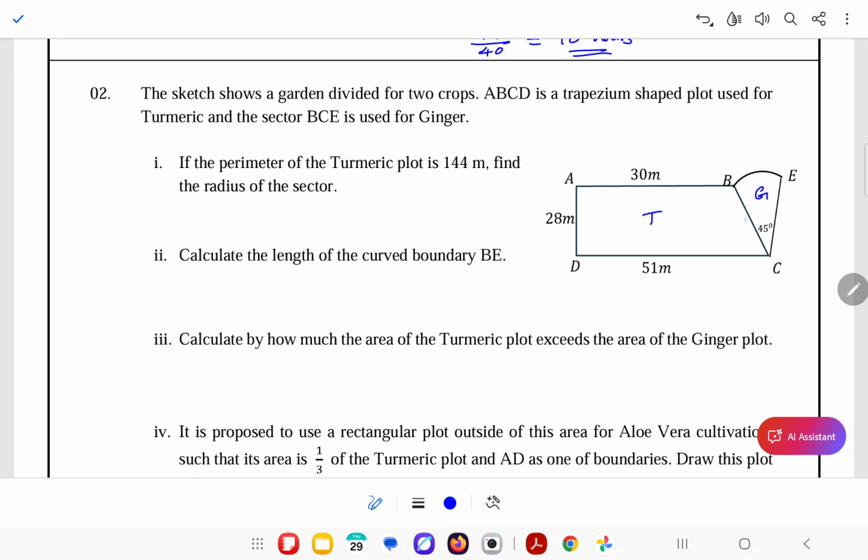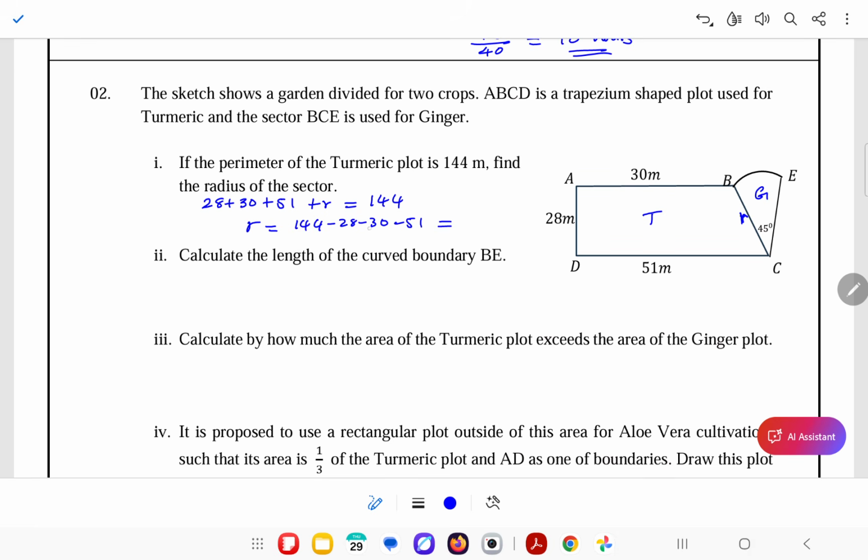So the radius of the sector is BC, no? So let me label BC as R. We have been given the perimeter of the turmeric plot, the trapezium. So 28 plus 30 plus 51 plus BC, which is the radius, is equal to 144. So the radius is 144 minus 28 minus 30 minus 51.